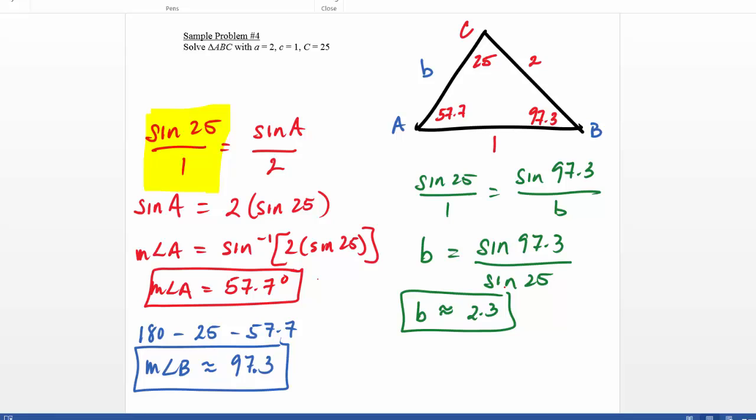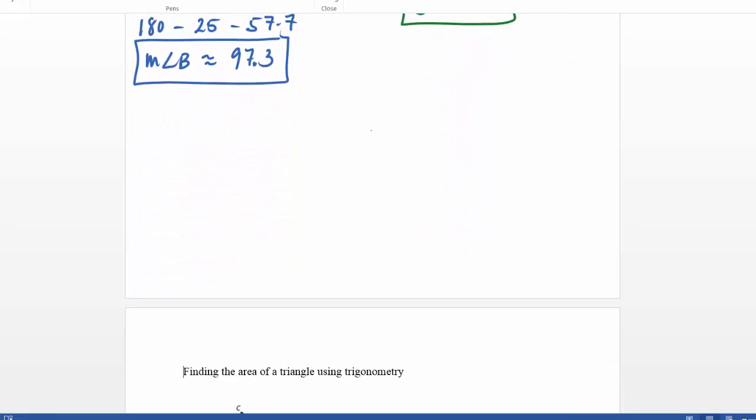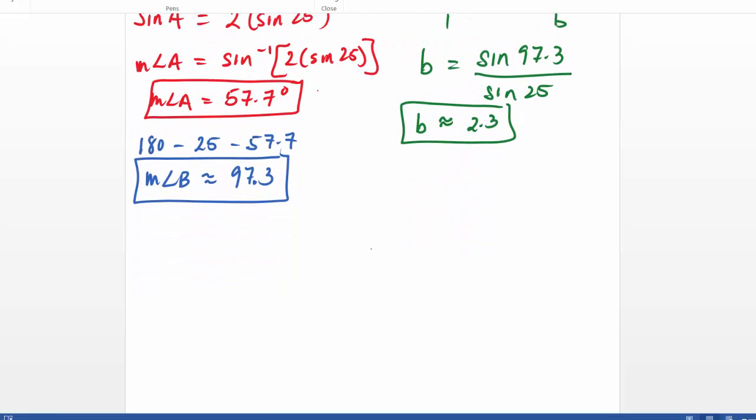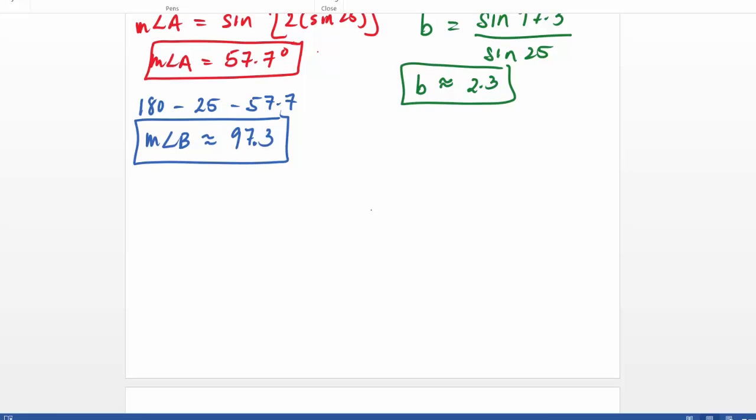Now, because of the fact that the non-included angle was less than 90 degrees, this is a situation where we need to definitely check to see if there's a second possible solution. Okay, and so this is where we have a little bit of a new thing that we need to work here. We need to test to see what the possibilities are.